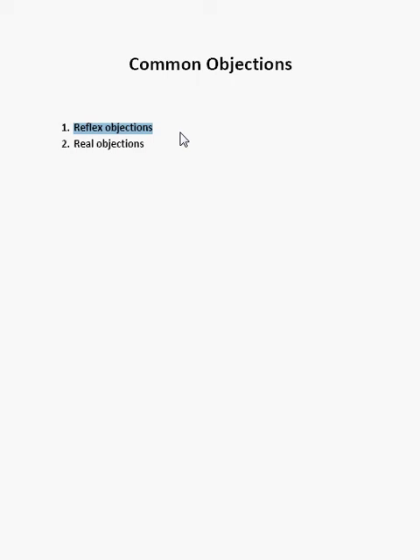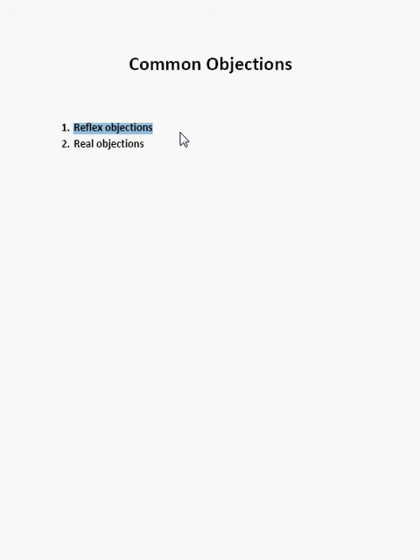Matter of fact, sometimes I spit out my objection to their objection before they even get started. So pay attention to the role playing. Pay attention to how we word these conversations, and you should have a really good opportunity to set that appointment, even if you get a reflex objection. And then through time, you're going to get used to the real objections, and you're going to be able to overcome them and handle them.